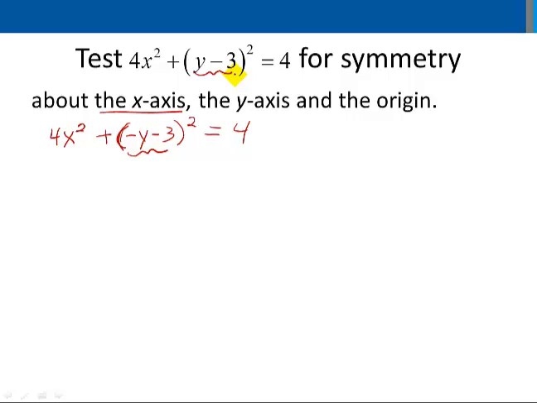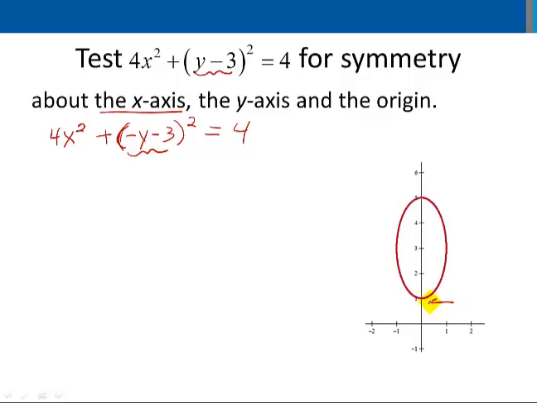So I'm going to jump to looking at the graph of this equation. To be symmetric about the x-axis, the point 0, 1 appears on this graph, so we would have to have the point 0, negative 1 appear, which doesn't seem to be the case. So I'm going to use the fact that the point 0, negative 1 is not on this graph to verify that this equation does not give us a graph that is symmetric about the x-axis.